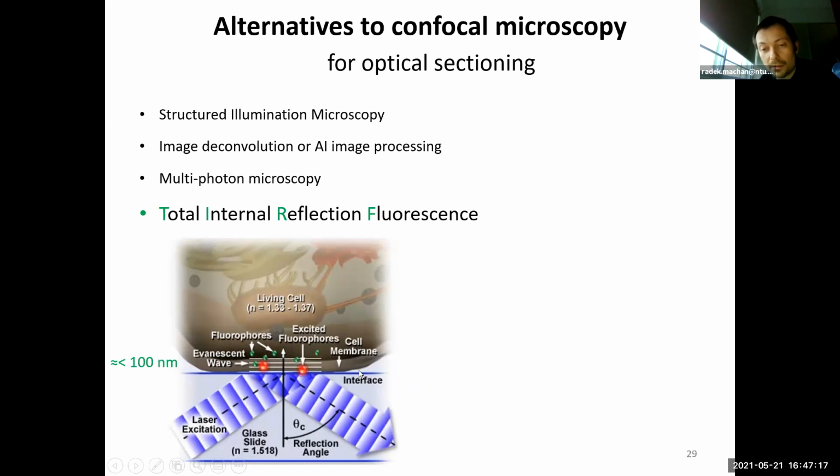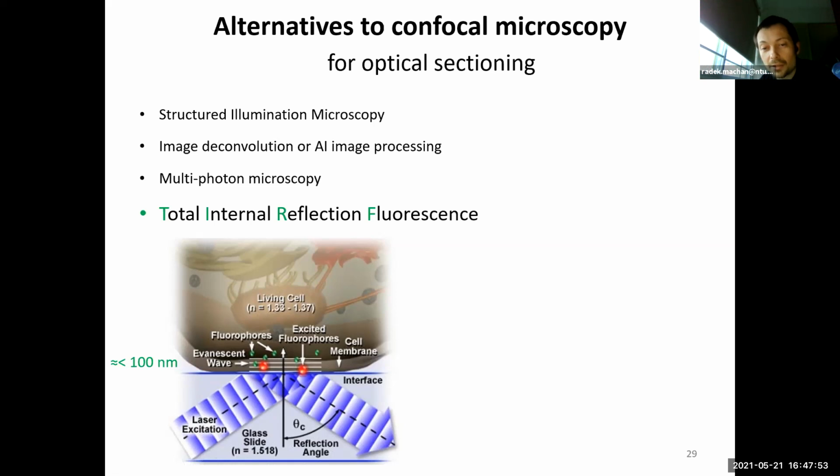Now I'm using the phenomenon of total internal reflection, which means that light which hits the optical interface at a large angle is reflected completely, but part of the energy still can penetrate over the interface and can excite fluorescence in a very thin layer of the sample, which is usually about 100 nanometers. So this is often used to image cell membranes or things like that.